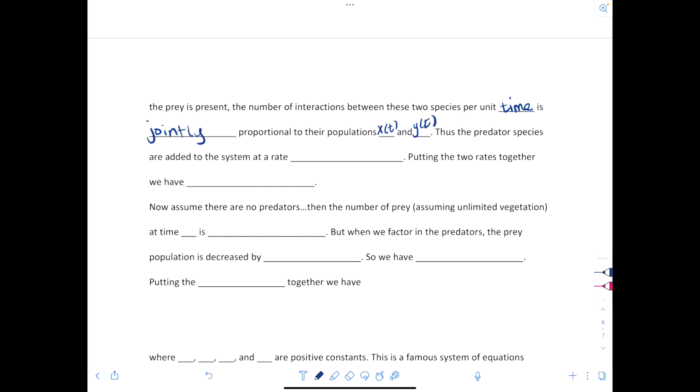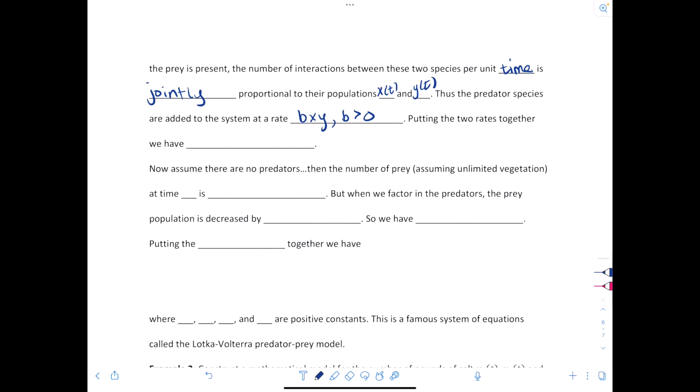Thus, the predator species are added to the system at a rate of bxy, where b is greater than 0. So if you put the two rates together, we have dx/dt would equal negative ax plus b times x times y.